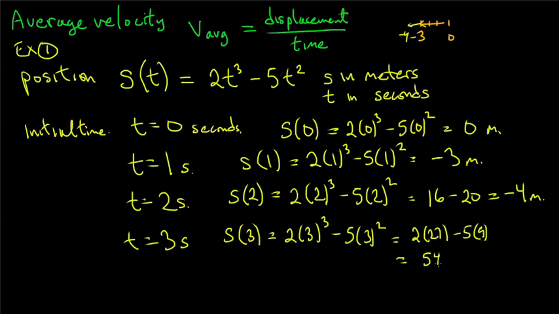This is, I think, 54 minus 45, which is 9 meters, positive 9 meters. So from the second second to the third second, we went all the way back to positive now, positive 9 meters.